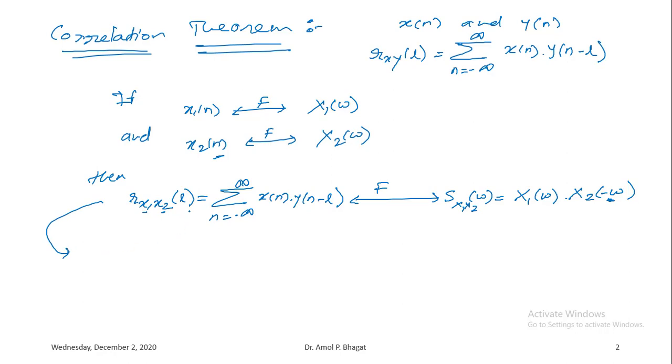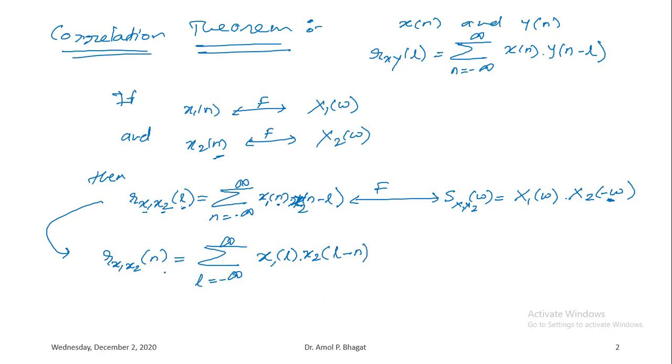In place of l, if I use n, and in place of n, if I use l, I can write it as r x1 x2 of n equals summation l equals minus infinity to infinity x1 of l multiplied by x2 of l minus n.